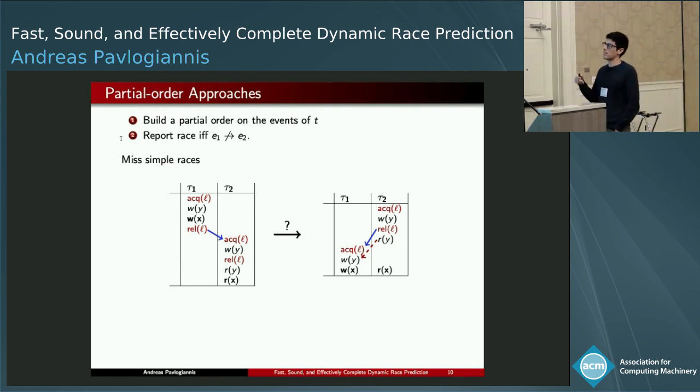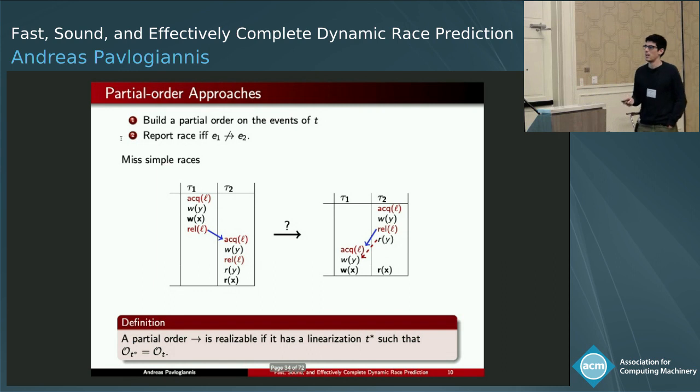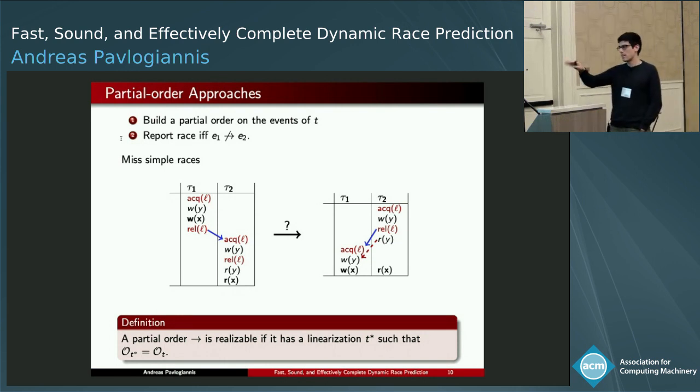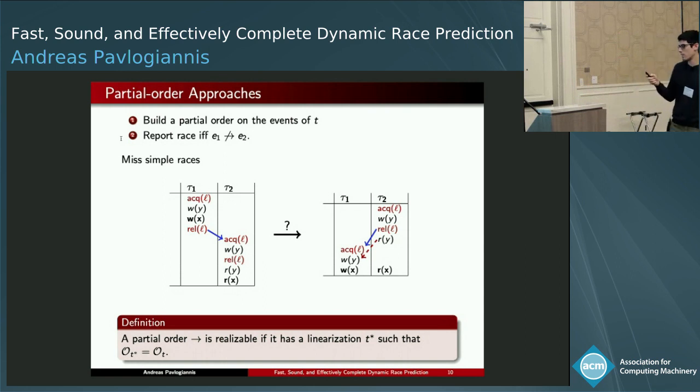So we associate, with this modeling, the realizability problem of a partial order, which is: given a partial order, find a linearization T star of it, which not only linearizes the partial order, but also gives the same observation function as the one you had in your input trace. Right? So existing heuristics more or less guarantee this. In our case, we're constructing more relaxed partial orders, so this is no longer guaranteed. Right? But this is the key technical problem that you need to solve in order to do data race prediction efficiently.